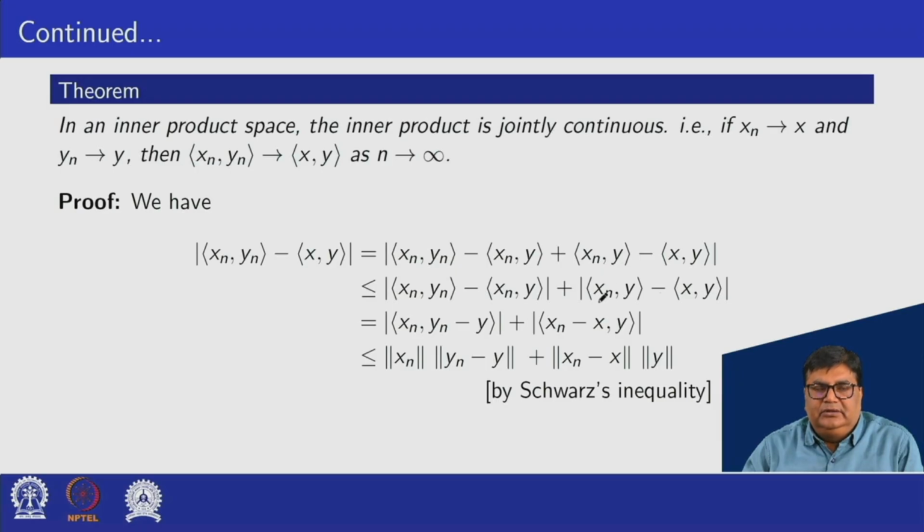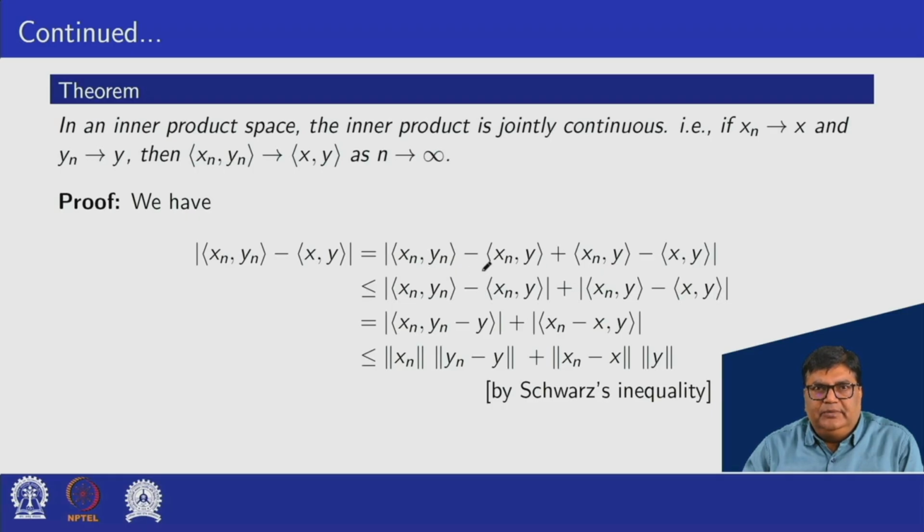So using that property, this is less than or equal to mod of the inner product of x_n, y_n minus inner product of x_n, y plus mod of the inner product of x_n, y minus inner product of x, y.